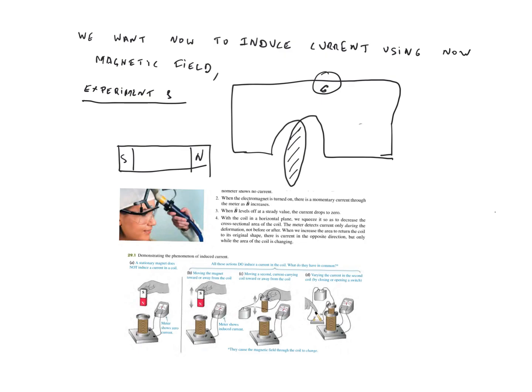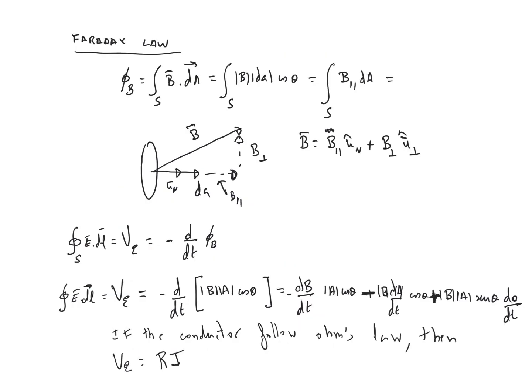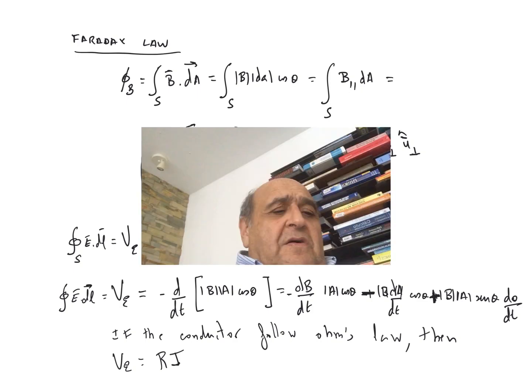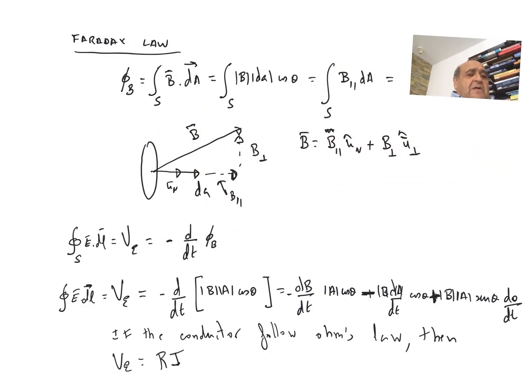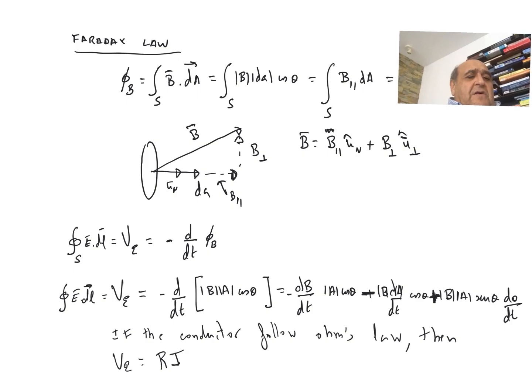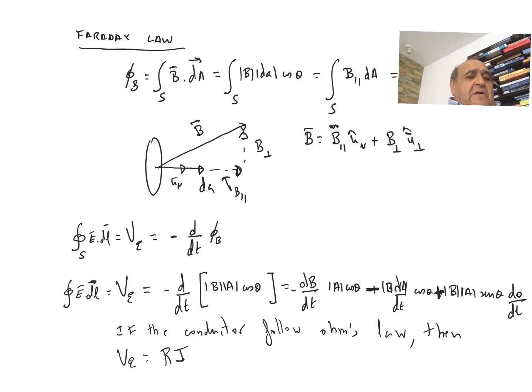This page is the same thing. Faraday's law says that whenever you have a change in the flux of the magnetic field, you have an electromotive force. And this electromotive force, the one that you will induce, is minus the variation with respect to time of the flux. But we have to interpret this minus sign correctly.